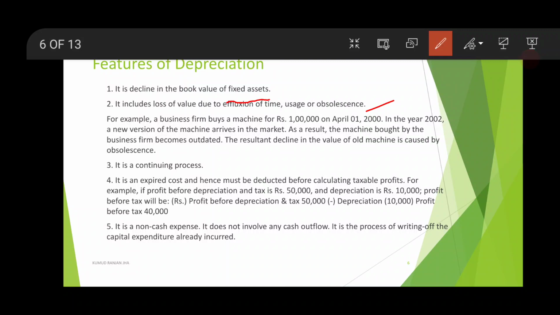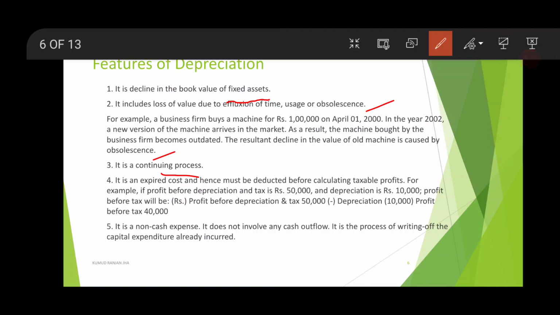As a result, the machine bought by the business firm becomes outdated. The resultant decline in the value of the old machine is caused by obsolescence. ये मशीन अब useless हो गई, obsolete हो गई, अब इसकी वैल्यू कम हो गई. It is a continuous process, not a random process.